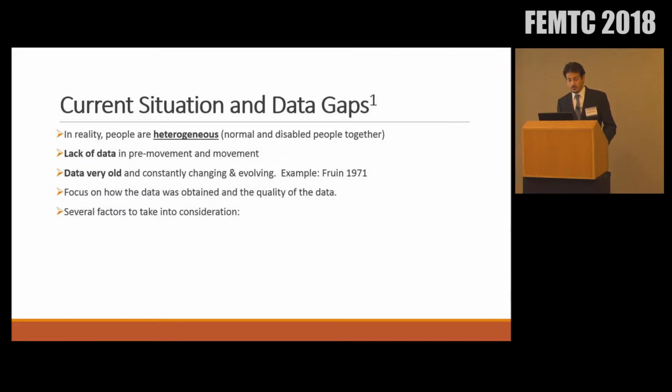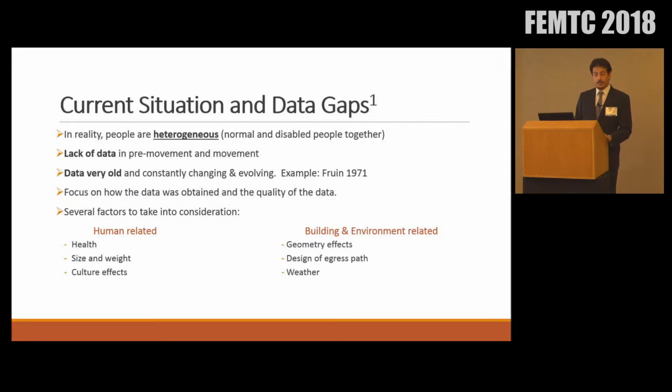Several factors you need to take into consideration are two types: human-related, and building and environment-related. For the human ones, there's health, size and weight, and cultural effects. Each country has its own cultural effects and a huge difference in the evacuation numbers.